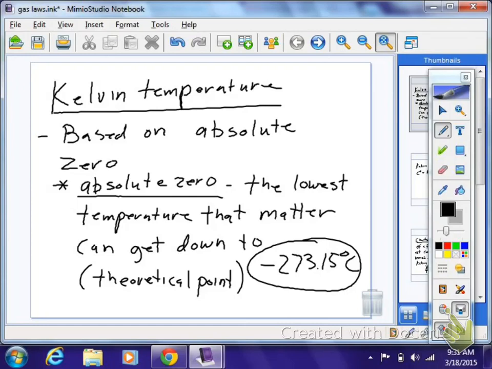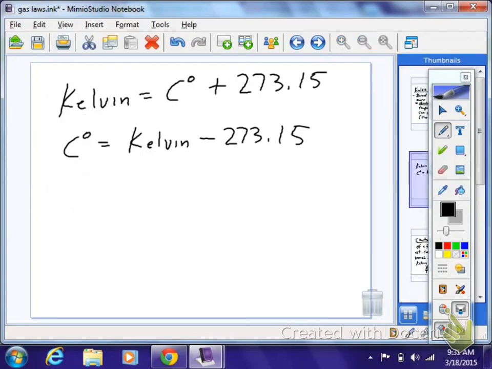So in our laws, we have to use Kelvin to find our different values. It has to be in Kelvin. So here's the conversion to Kelvin. If you're given degrees Celsius, which a lot of problems in class are, we have thermometers and they measure it in Celsius. We don't have a Kelvin thermometer.